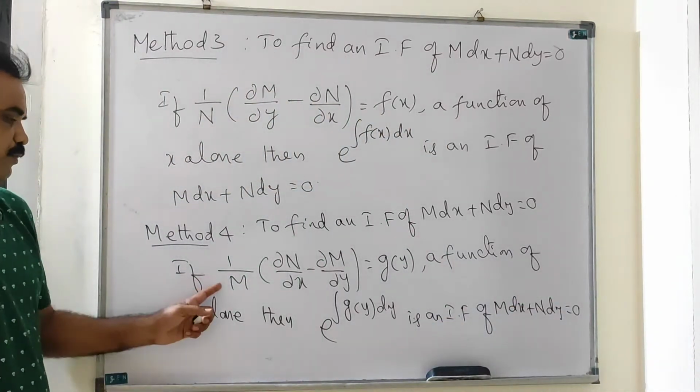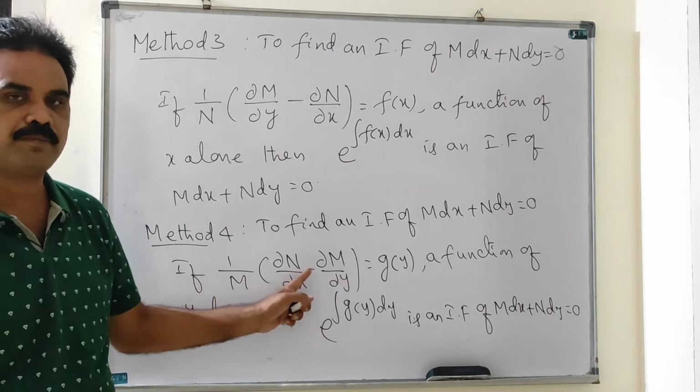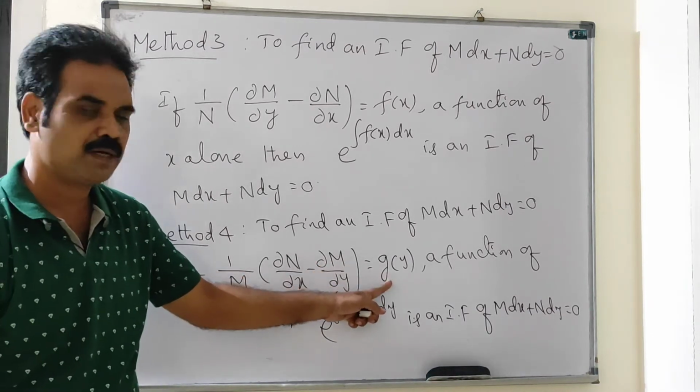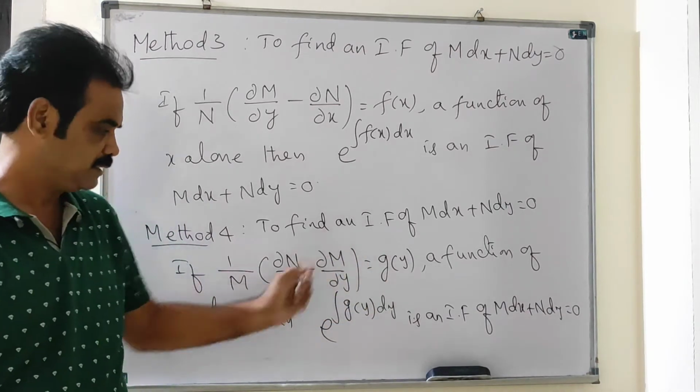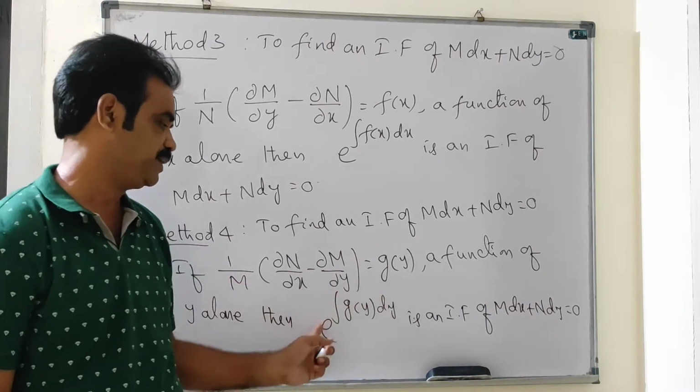If 1 by M into (∂N/∂x minus ∂M/∂y) is equal to g of y, a function of y alone, then the integrating factor is e power integral g of y dy.